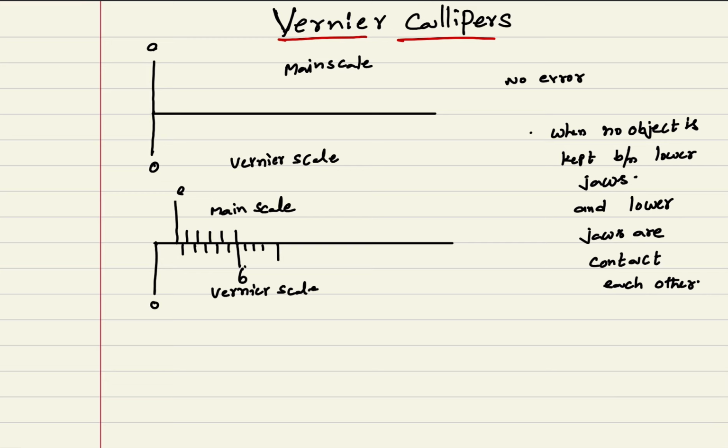You can see that whenever the 6th division is coinciding, the error we write is called negative error.